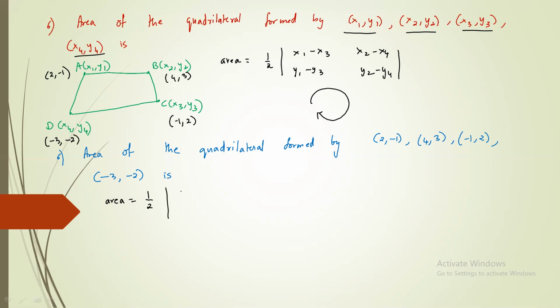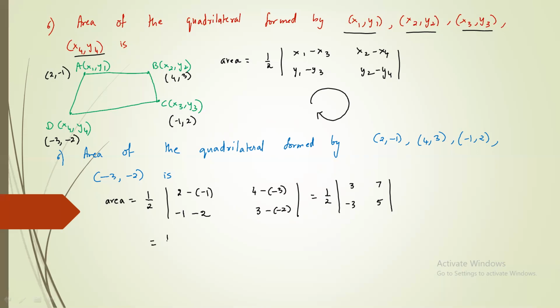Half into x1 minus x3, 2 minus minus 1, x2 minus x4, 4 minus minus 3, y1 minus y3, minus 1 minus 2, y2 minus y4, 3 minus minus 2. Or further simplifying, we get 2 plus 1, that is 3, 4 plus 3, that is 7, minus 1 minus 2 minus 3, 3 plus 2, 5.